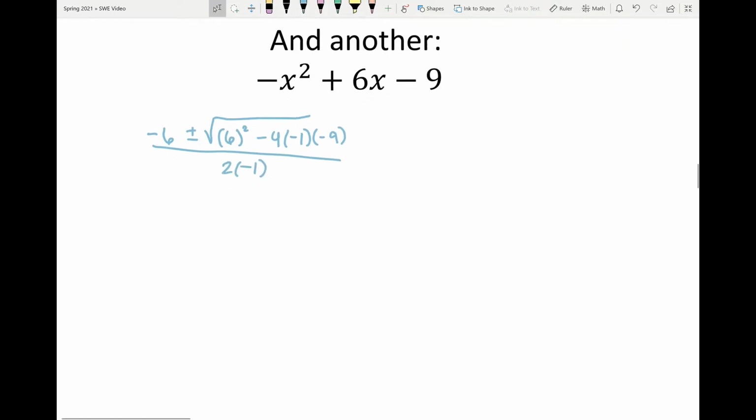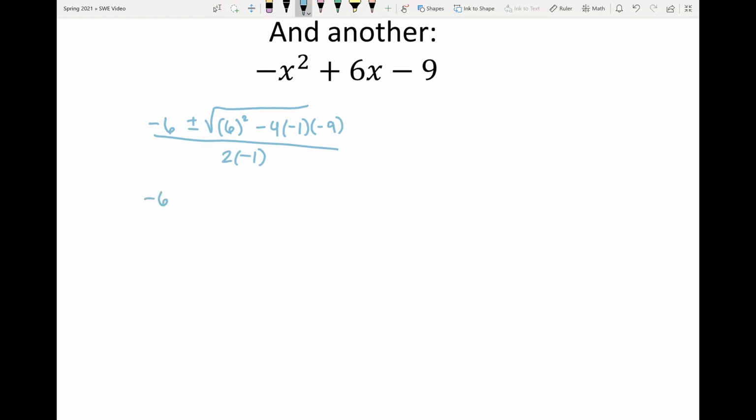Simplifying this further, we have -6 plus or minus the square root of 36 minus 36 over -2, which gives us -6 plus or minus the square root of 0 over -2.